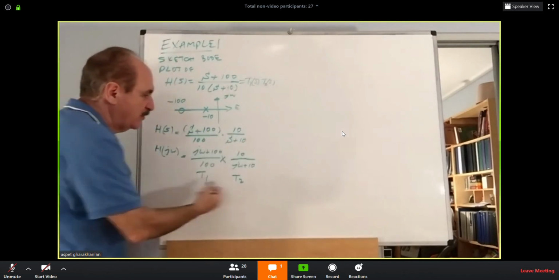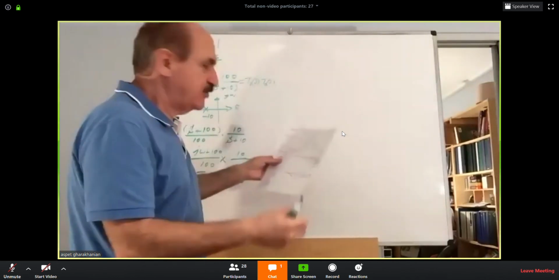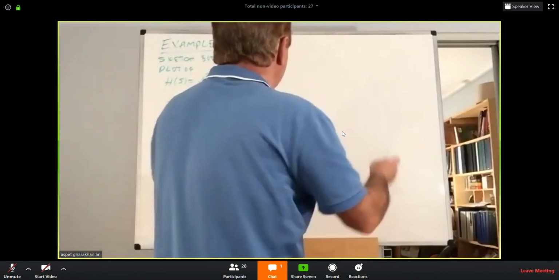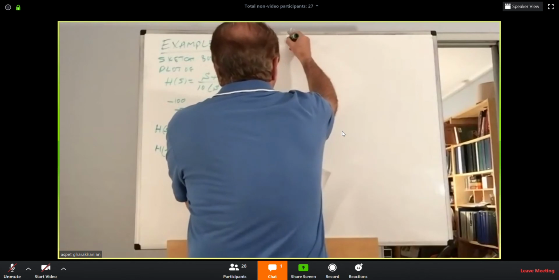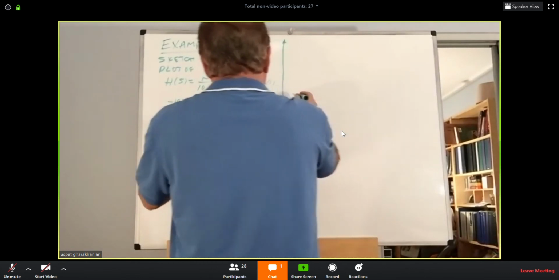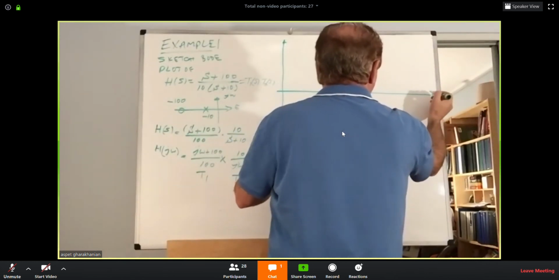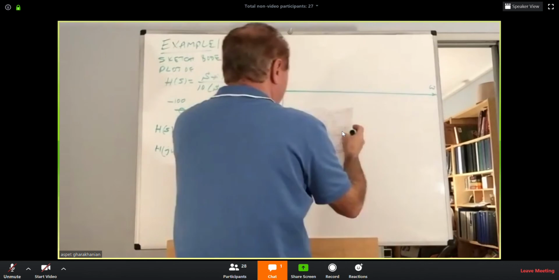Well, that's the whole purpose of logarithmic scale. 20 log, 20 log. So how do we create the logarithmic? So here is how to do it. I chose a scale for you. I chose a wide scale.